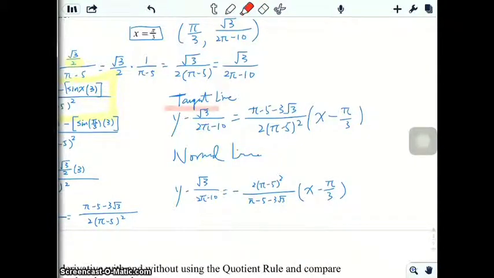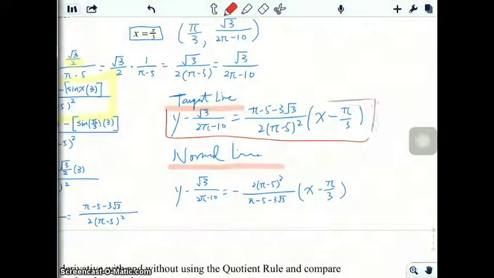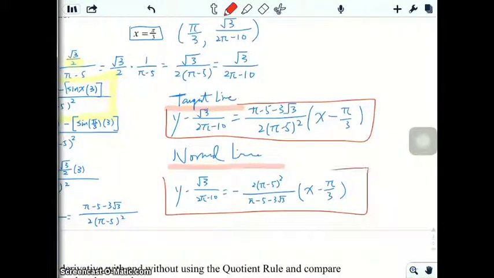This is the tangent line, this is the normal line, and these will be your answers right here. I'm going to pause here and make another video for the next question.